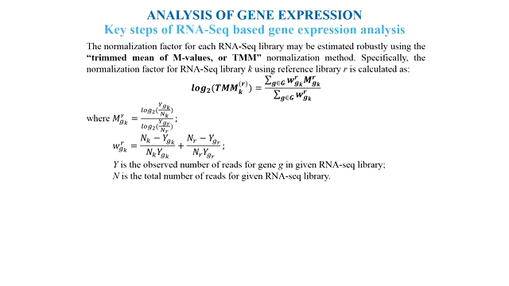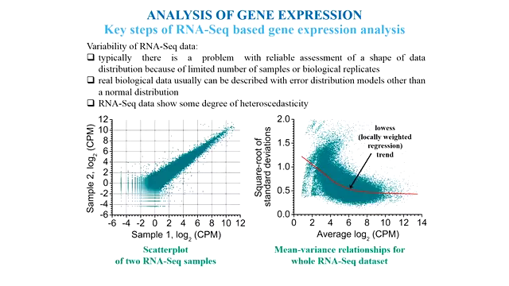Normalization factors across several samples can be calculated by selecting one sample as a reference and calculating the normalization factor for each non-reference sample. You may find more detailed information on this method of normalization in the work of Robinson and Oshlack, a scaling normalization method for differential expression analysis of RNA-seq data, published in 2010 in Genome Biology.